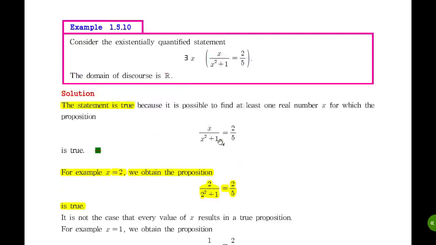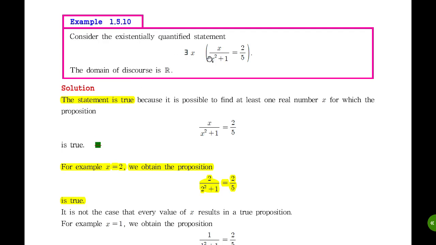Okay, consider the existentially quantified statement here: there exists x that satisfies this equation. We try to solve it, and we can easily find the solution, which is 2. If we substitute x equal to 2, then 2 over 2 squared plus 1 is 2 over 5.